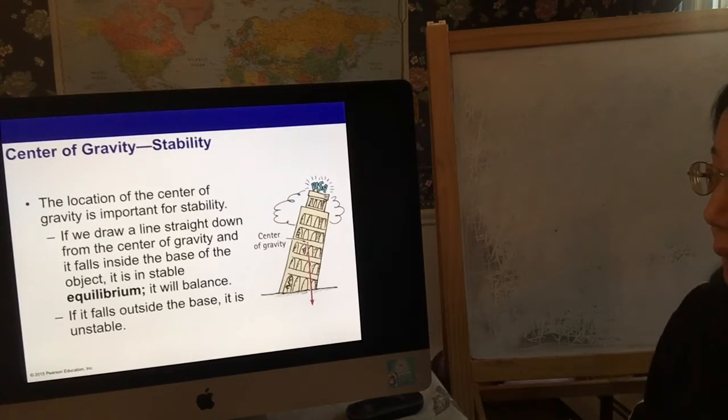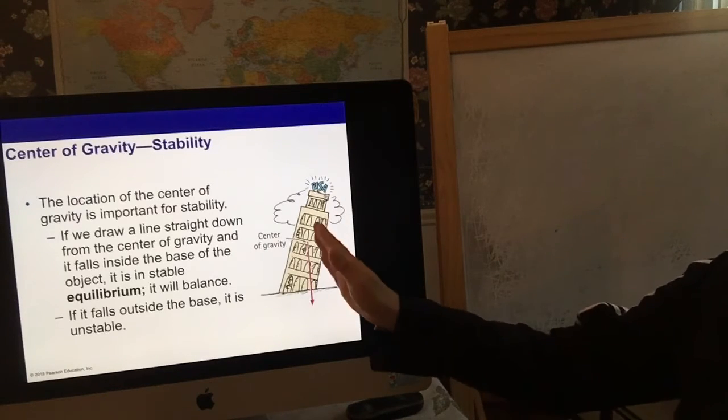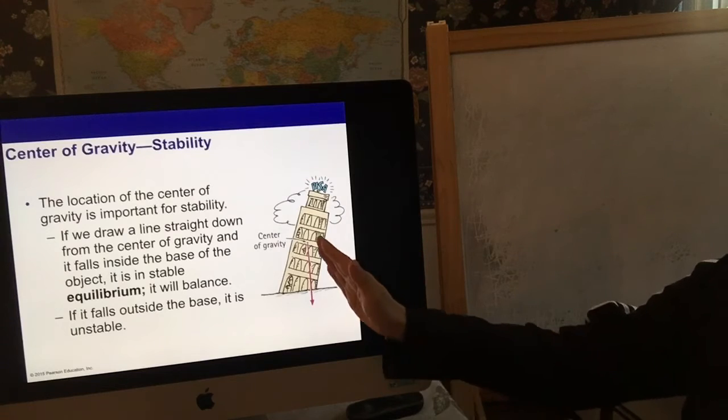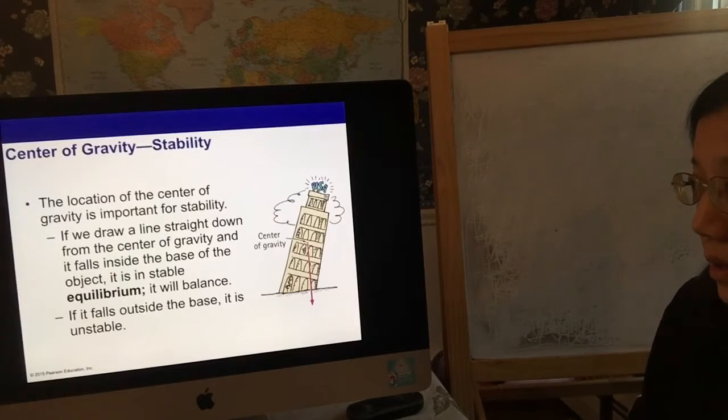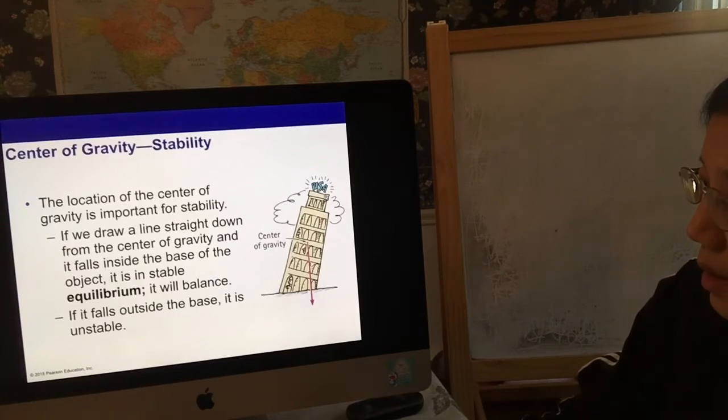Otherwise, if it falls outside the base, the object is not stable. So when this tower leans a little bit more, and this line goes outside of the base of the object, then it becomes very, very unstable.